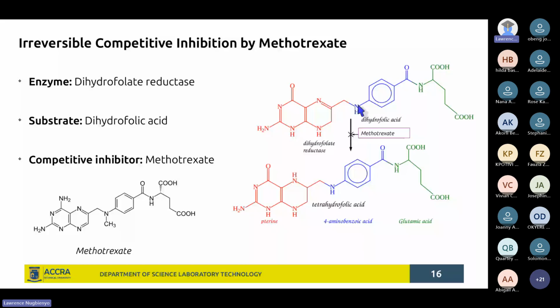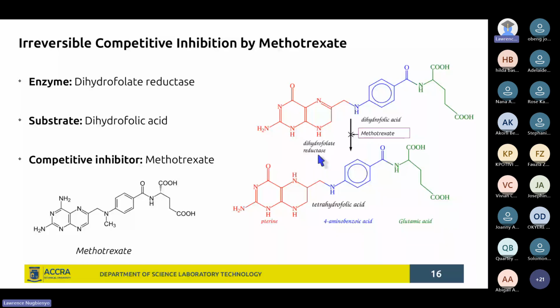So these are the differences in the two structures. And so this methotrexate is going to be much more of a structural analog of dihydrofolic acid. And it also acts as an inhibitor to the enzyme dihydrofolate reductase.